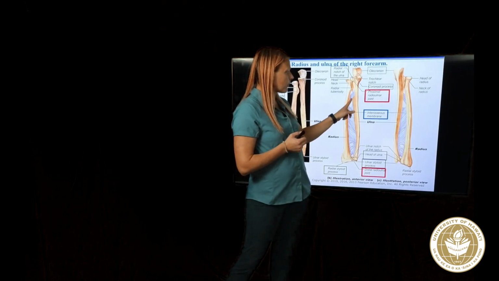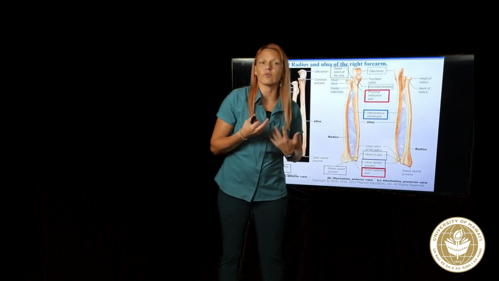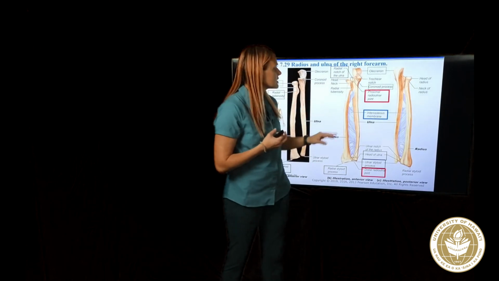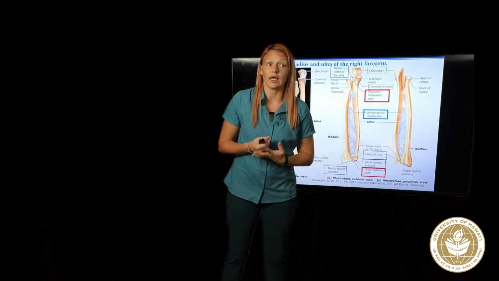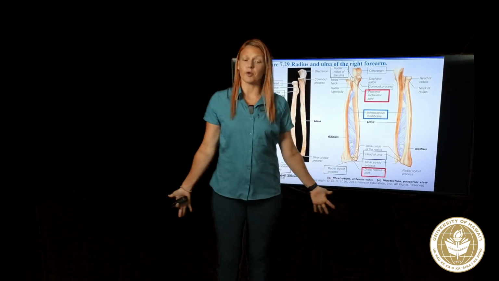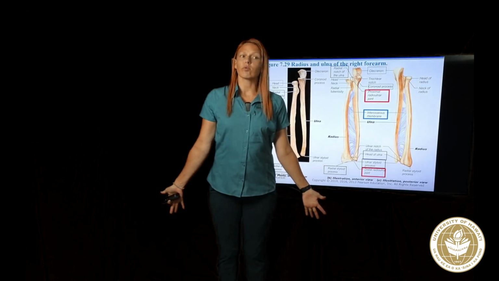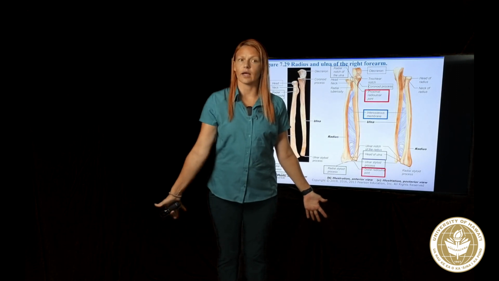So this interosseous membrane is kind of this flat, flexible ligament. And interosseous, if you break that word down, it literally means between the bones, right? So this is between that radius and ulna bone. When we are in anatomical position, that radius is going to lie laterally on our thumb side, right?